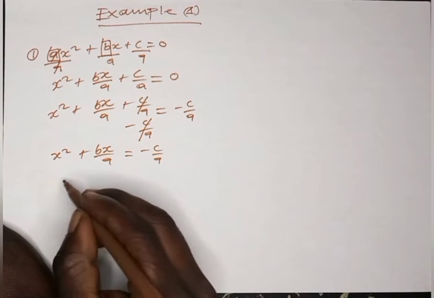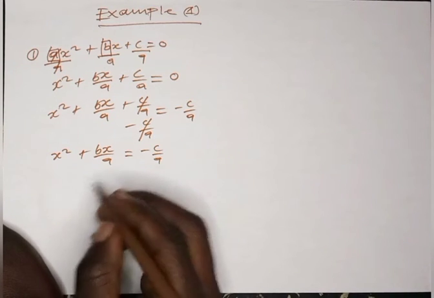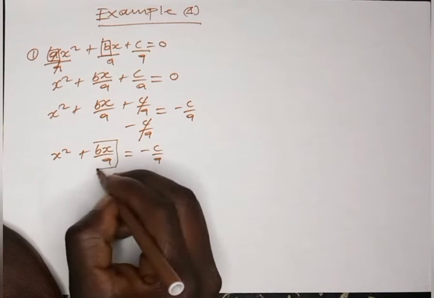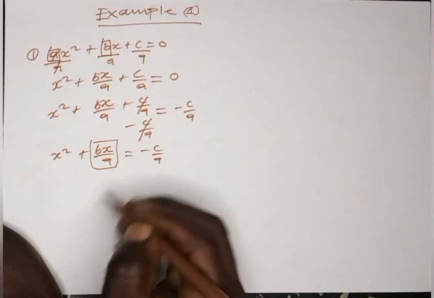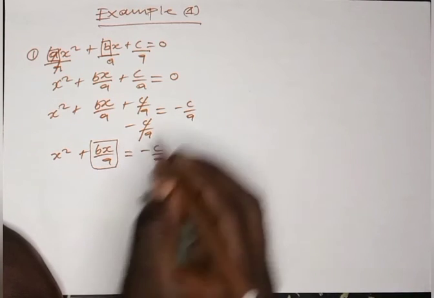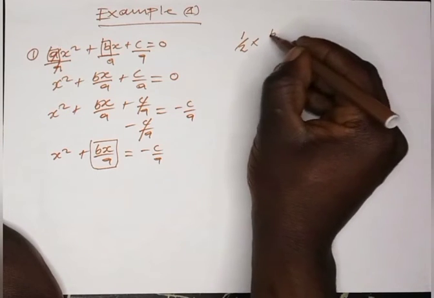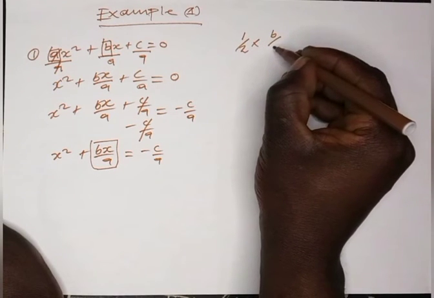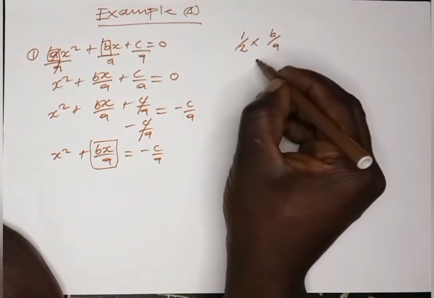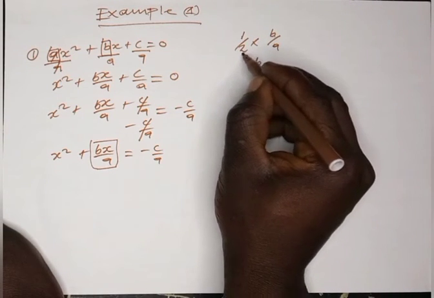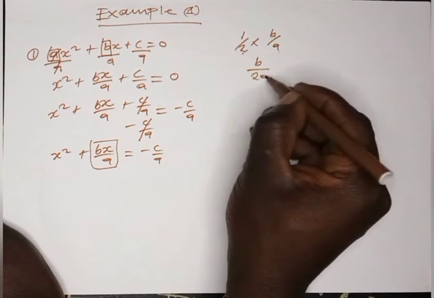Then we are going to look for half of bx over a. So let's find half of b over a. When we multiply 1 times b, which is b, and 2 times a, which is 2a, you can see.